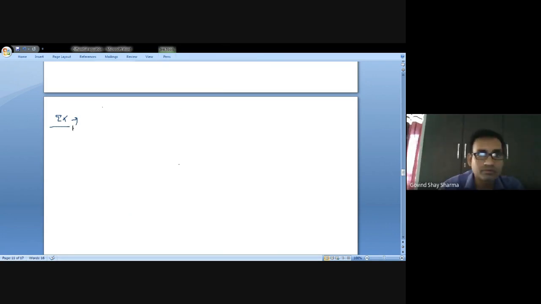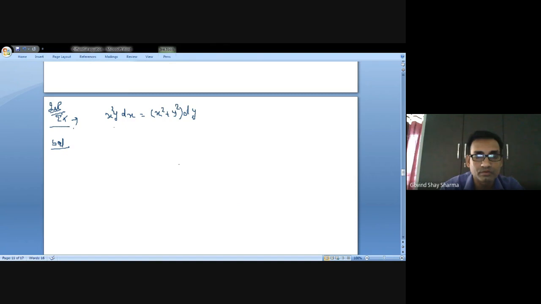The equation is x square dy upon dx is equal to x square plus y square. This is important with respect to the exam of Albany University.